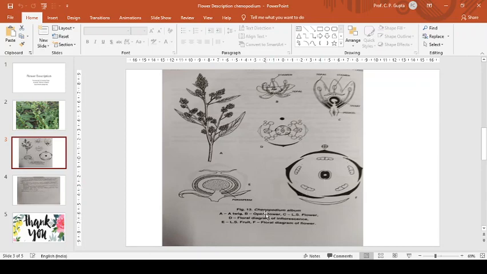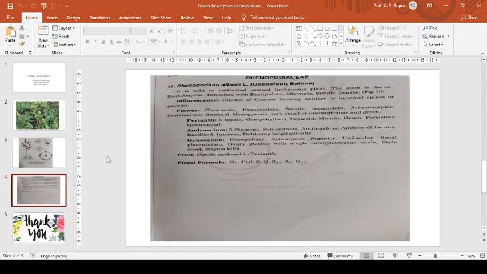Now we come to the description of the flower. It is a wild annual herb. Root is branched or taproot.